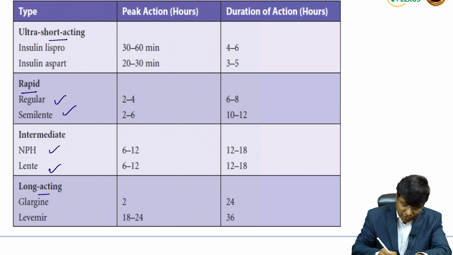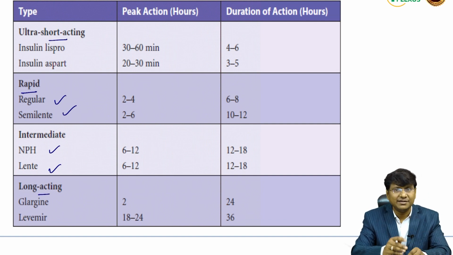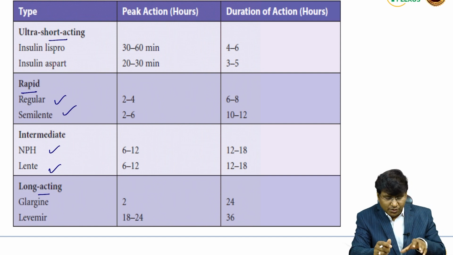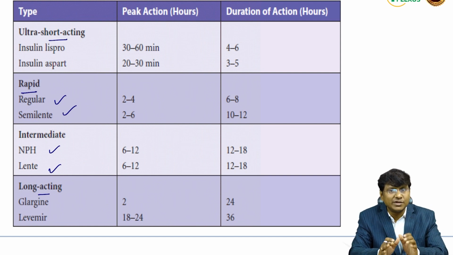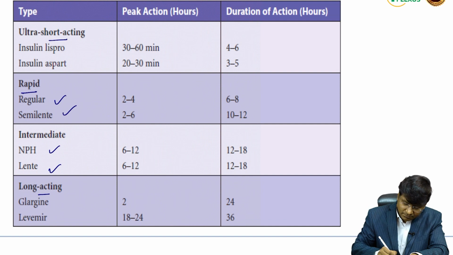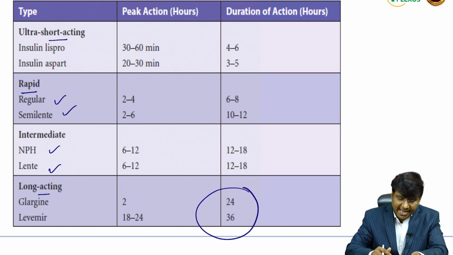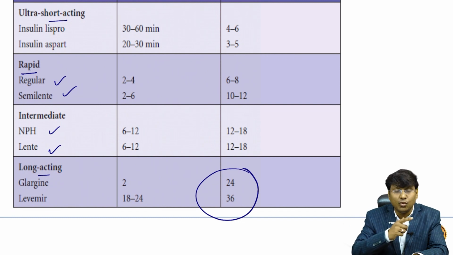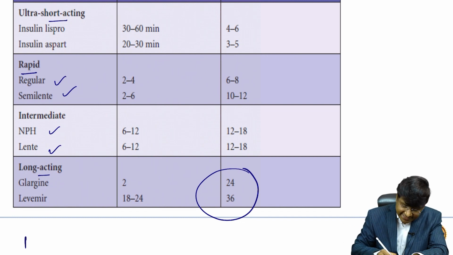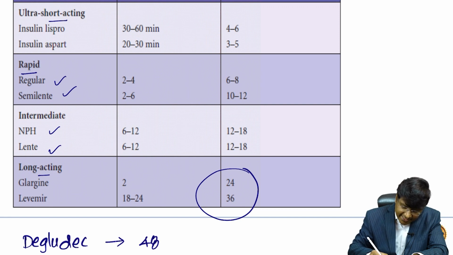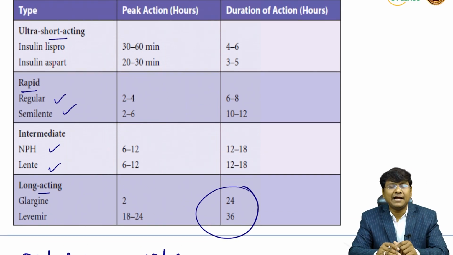And long acting insulin, that includes Glargine and Levemir. Long acting insulins act for nearly 24 to 36 hours. And we have one more important, longest acting insulin, insulin degludec, which will act for nearly 48 hours.